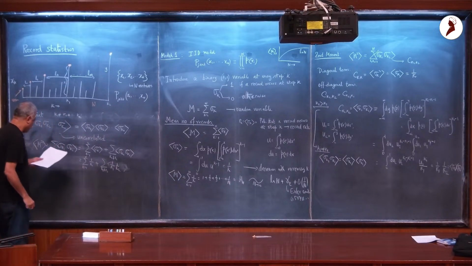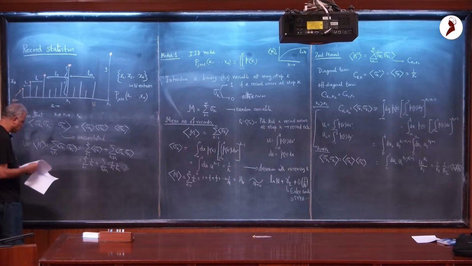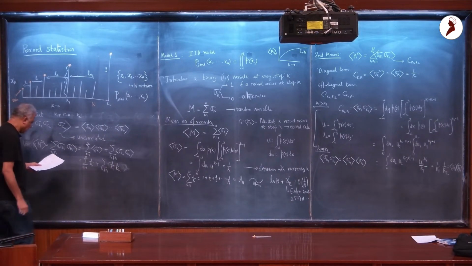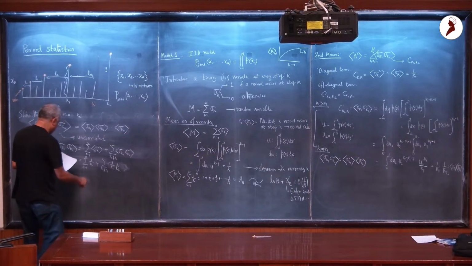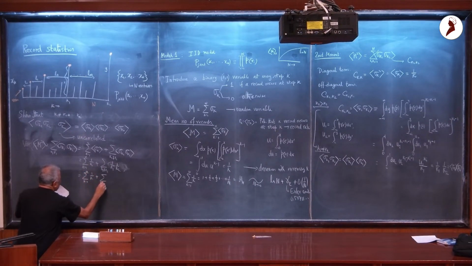Okay? And this guy here, 1 over k1 k2, you can actually simplify it further by saying this is 1 over k for diagonal terms plus the sum over k1, k2 without the equal sign.